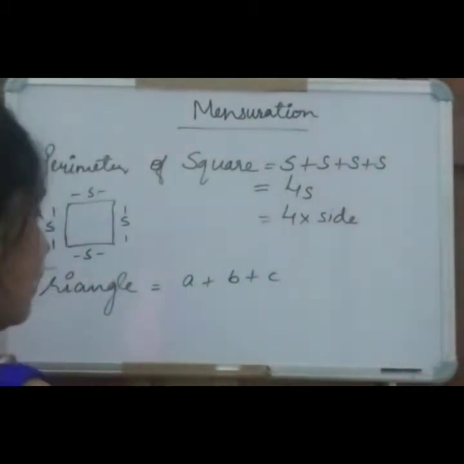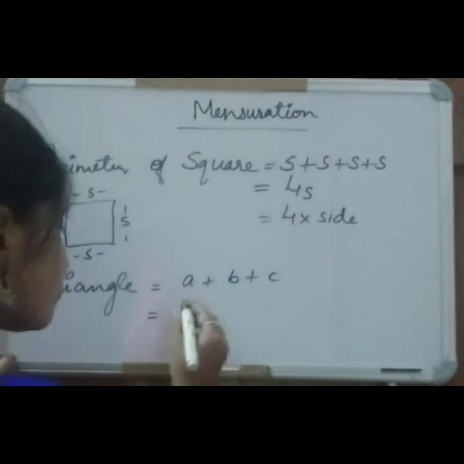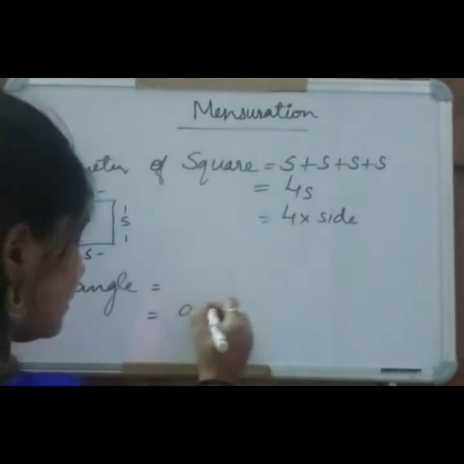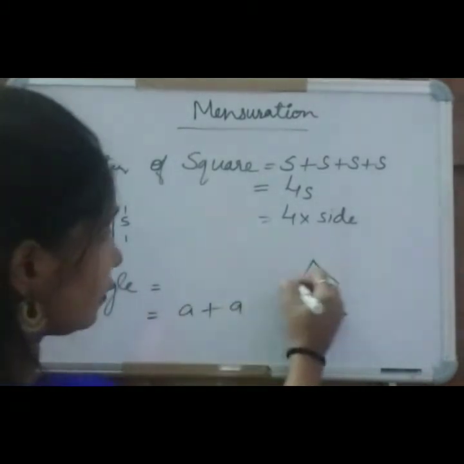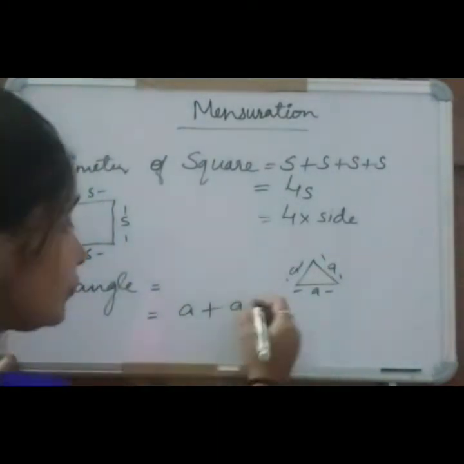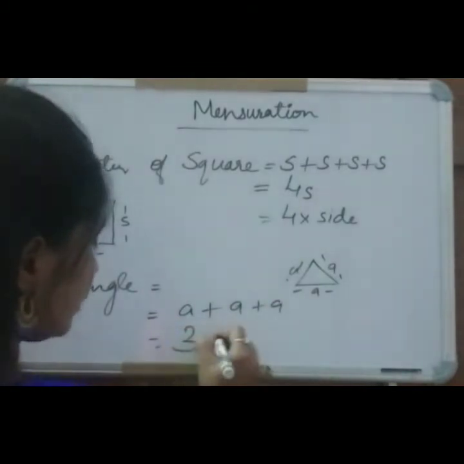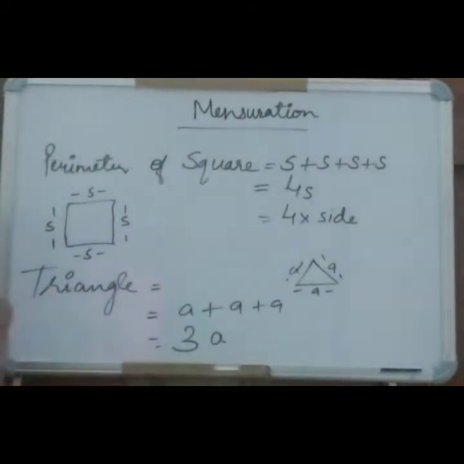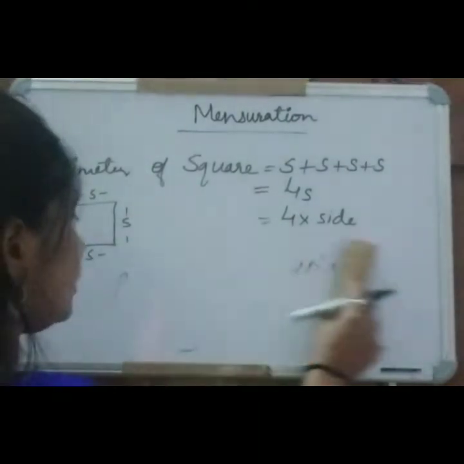If we are talking about an equilateral triangle, all sides are equal, suppose A. So 3 into A, means 3 times the length of one side. And in isosceles and scalene, we will just add the sides. Like this we will find out the perimeter.